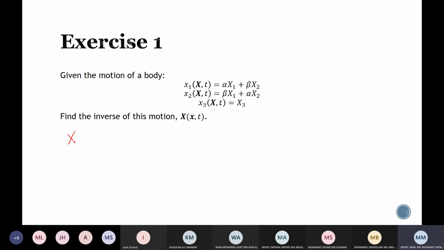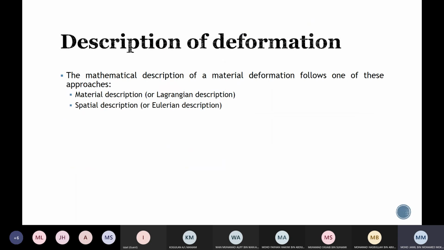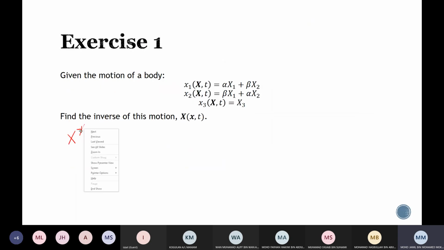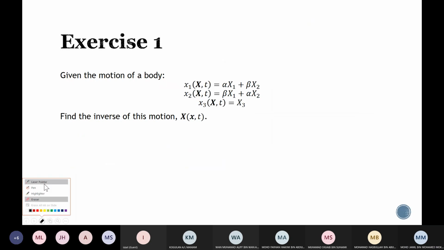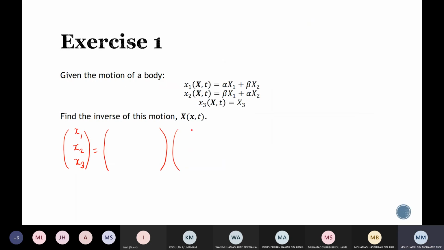The question wants you to find the inverse of the motion, that is, the value of big X. So let's write this in matrix form: x1, x2, x3, so this is alpha, beta, 0, beta, alpha, 0, 0, 0, 1. So you want to invert this matrix here.